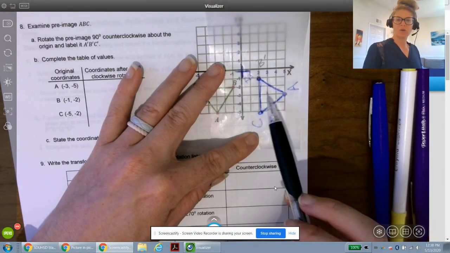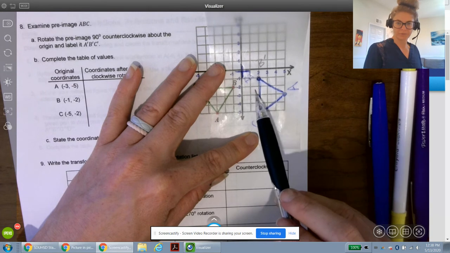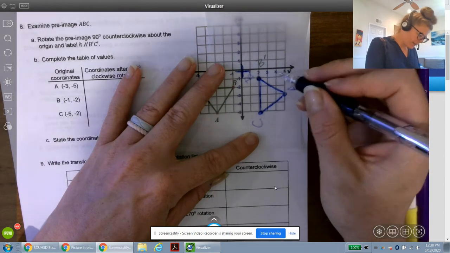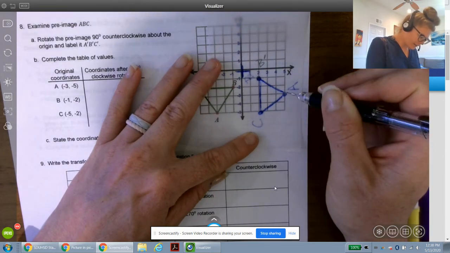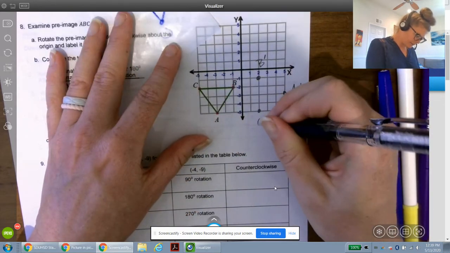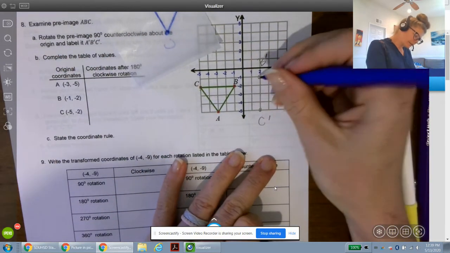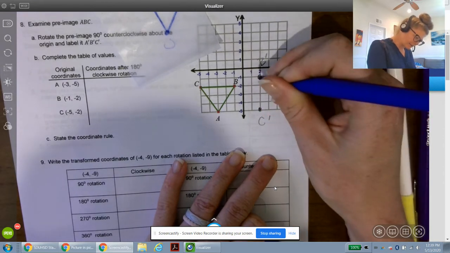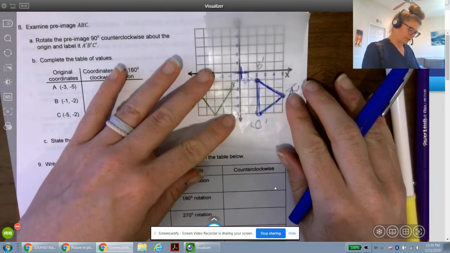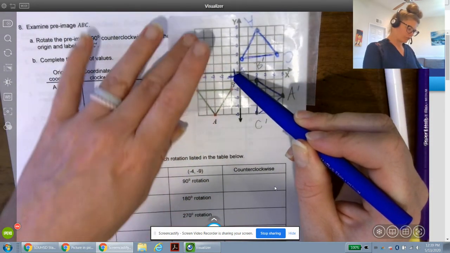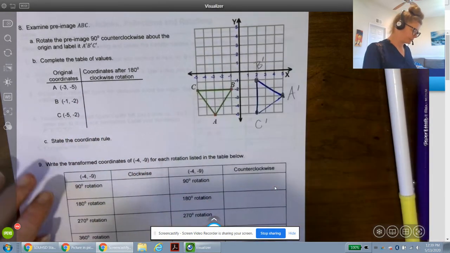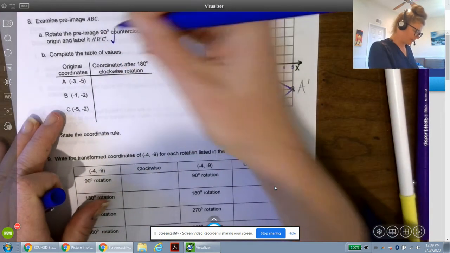And when you label your vertices, you know where the rest of your shape is going. So don't label your B like here, because it's not going to make your shape look as pretty. A prime, 5, -3, and C prime. And of course, double check. Ta-da! Beautiful.